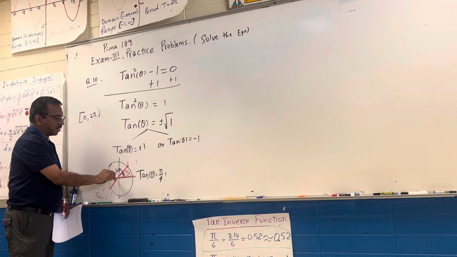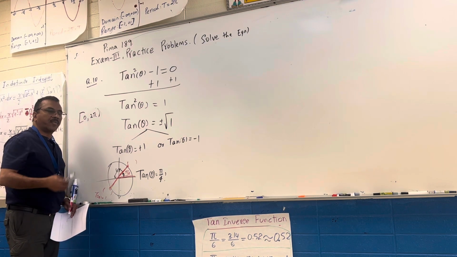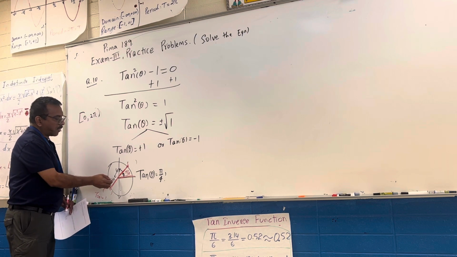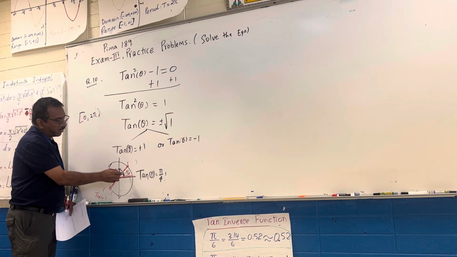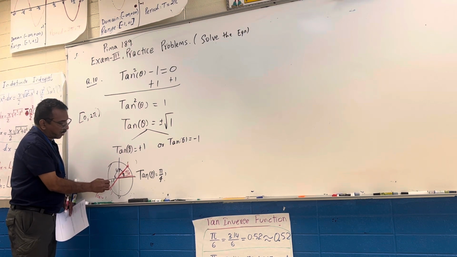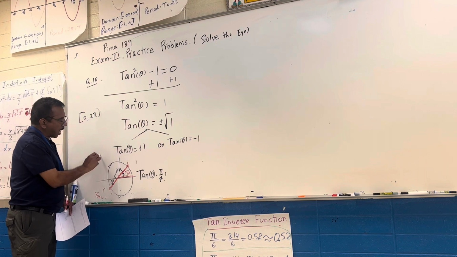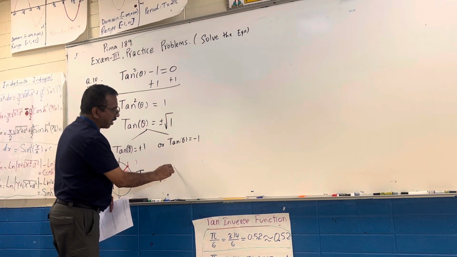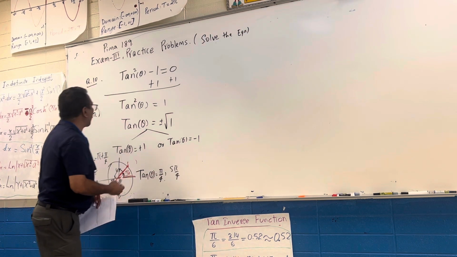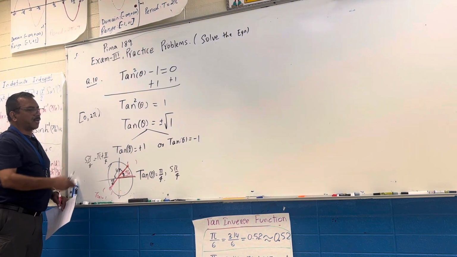So in a semicircle, there are 4 of the 45s, which is pi by 4. And you can clearly see if this is pi by 4, this also is pi by 4, right? So it is like pi plus pi by 4, which is 5 pi by 4. So the other answer is 5 pi by 4. So if the question is asked 0 to 2 pi, that's what you do.